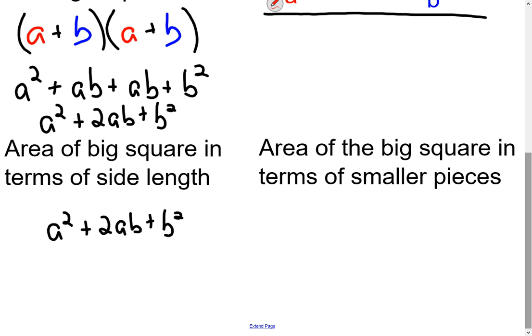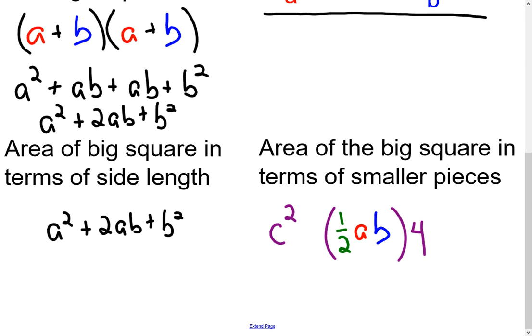So the little square, we said, was c squared. The area of one of those triangles was 1/2 AB. But remember, there's 4 of those, so I'm going to multiply the 4 triangles by 4.